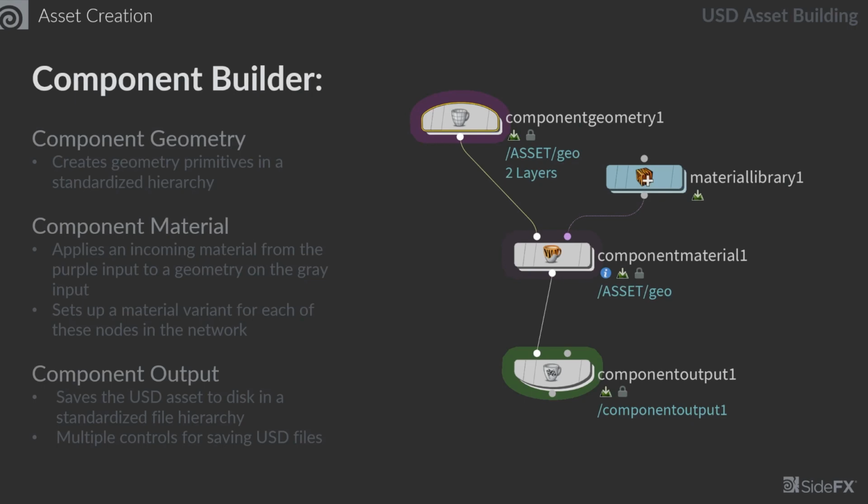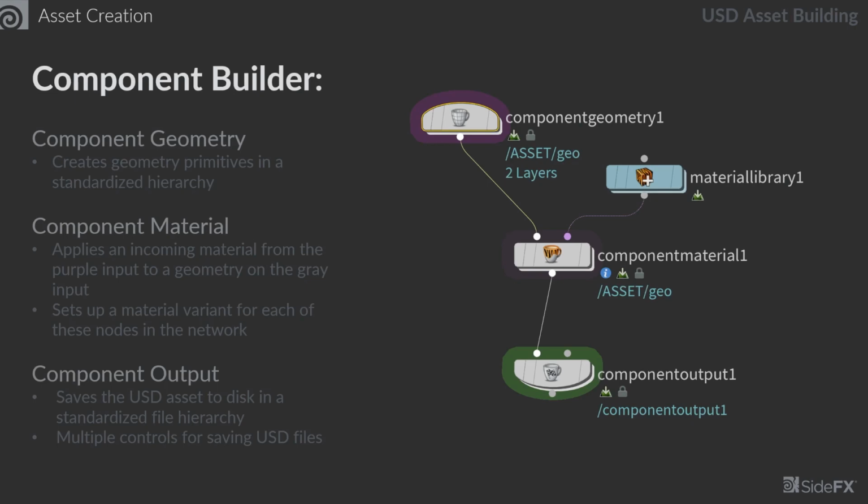That works as well. So those two inputs allow us to then take the geometry and take our materials and then apply them to different parts of our geometry that way. Also, each of those component materials in our network will create its own variant in a specific variant set. We can set that within the actual component material node.